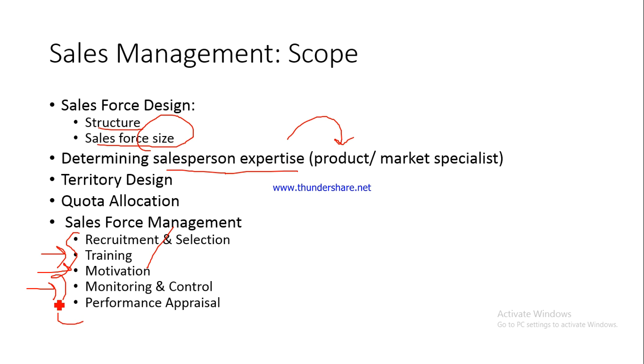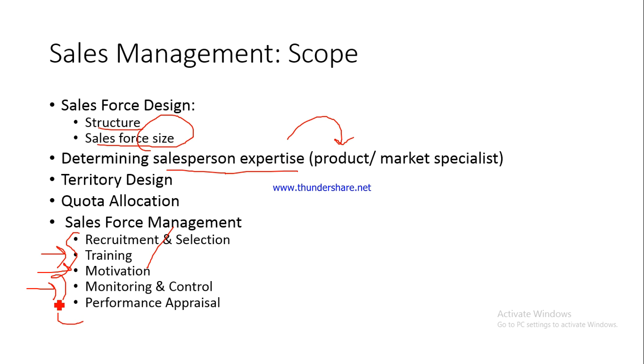The existing customers have not reordered from him, right? On the other hand, there is another salesperson who is not able to sell that much, but he has been able to retain his existing customers. Whom are you going to award a higher performance rating?